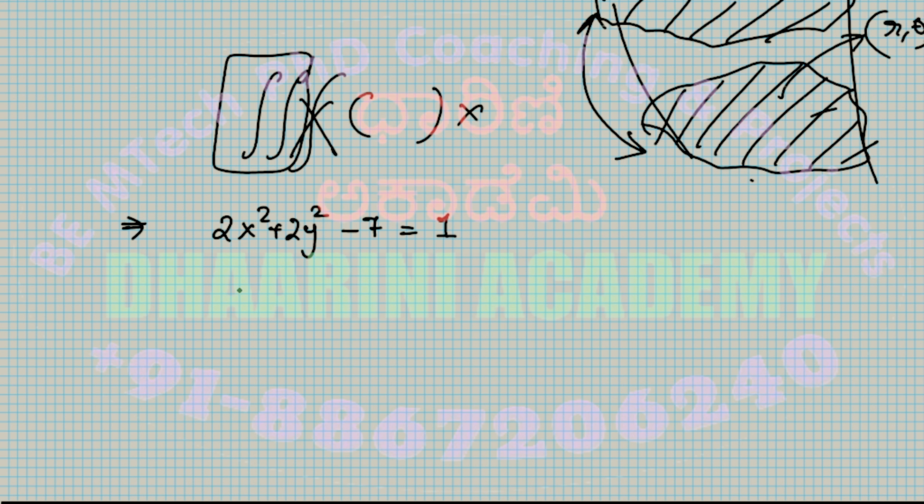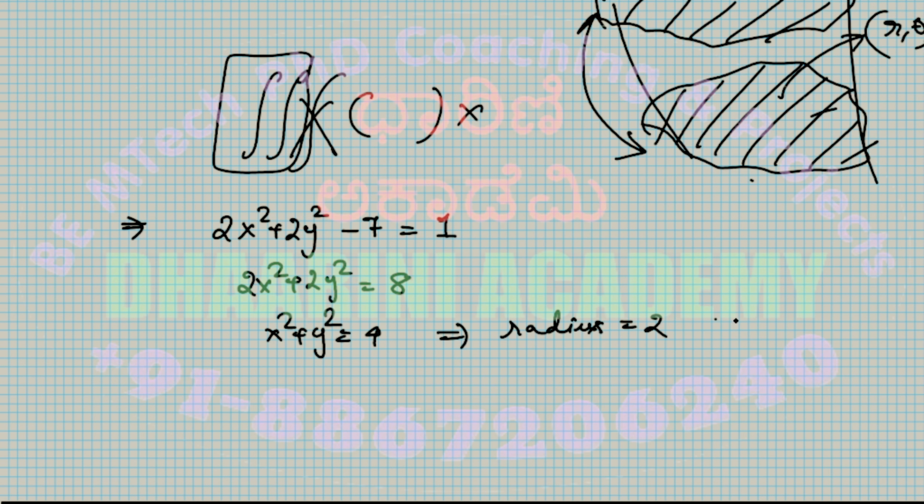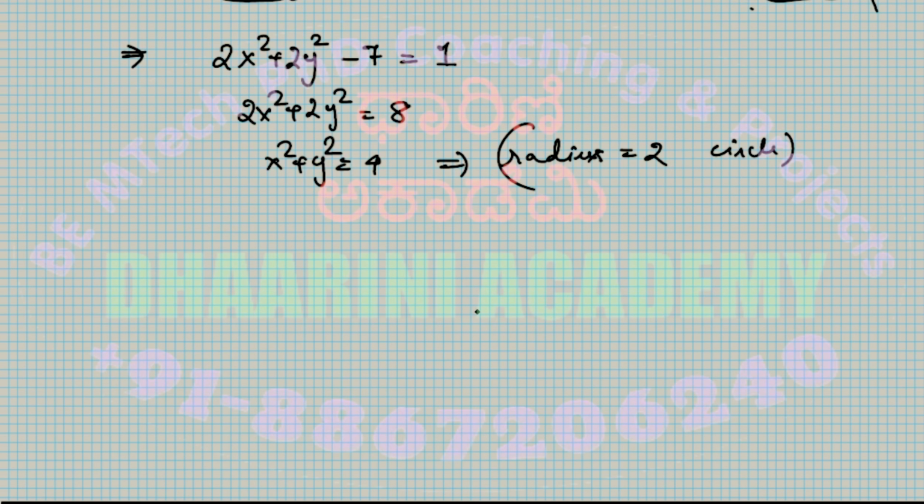So what is this now? This is 2x square plus 2y square, and 7 goes to the other side as 8, 7 plus 1. So this is x square plus y square equal to 4. So the radius is 2 and it's a circle. Now you need to find the r and theta values corresponding to this circle.